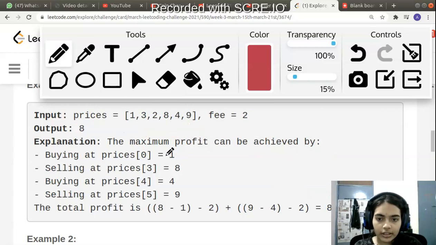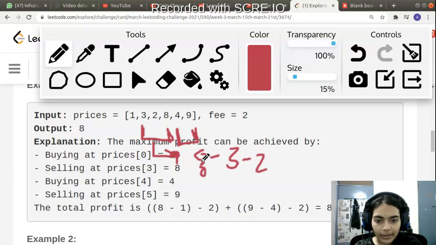So let's think of some other example. Maybe you buy when the price is 3, sell when the price is 8, then buy when the price is 4, then sell when the price is 9. In the first transaction, you earn 8 minus 3 minus 2: 8 minus 3 is 5, and 5 minus 2, for the transaction fee, is 3.